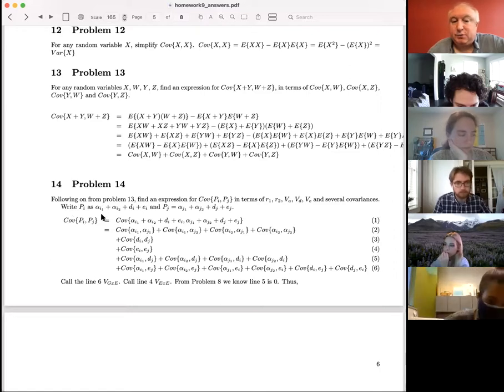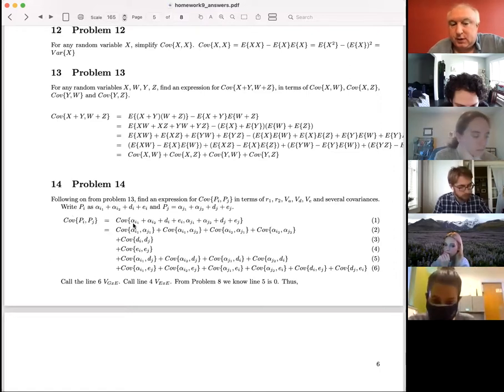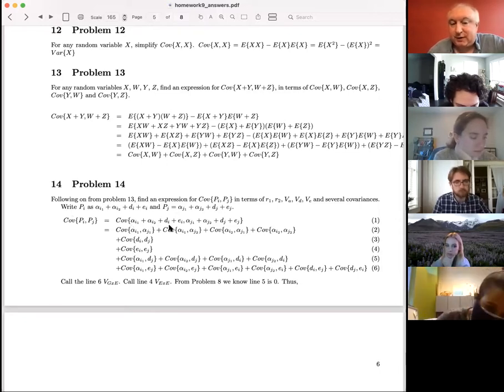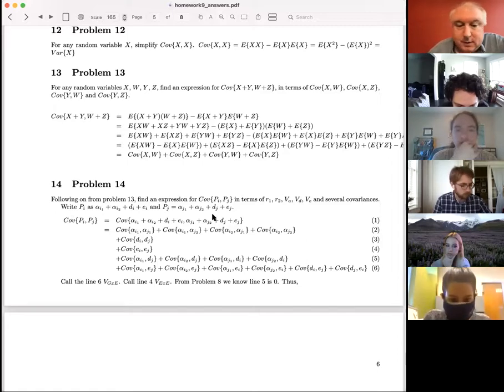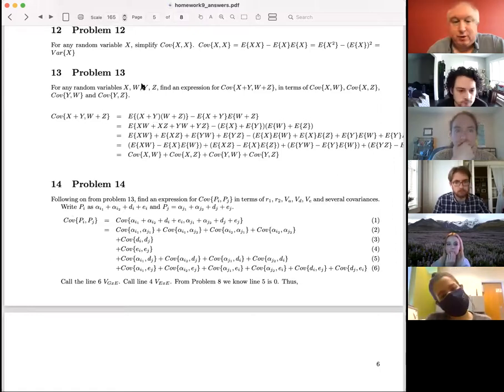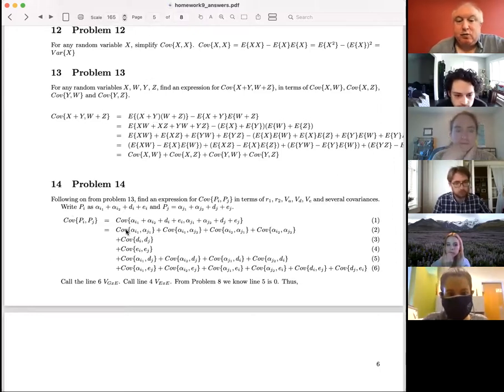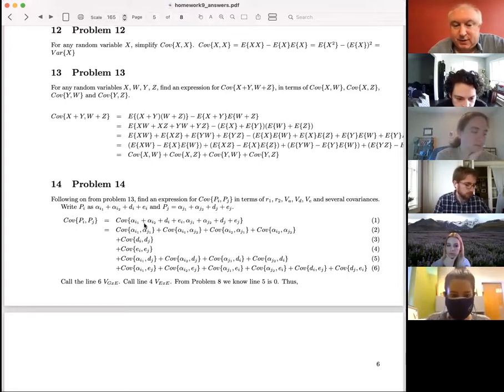So the covariance between these two individuals looks like a sum of an additive effect from one allele, an additive effect from another allele, plus a dominance effect from the locus, plus an environmental effect from person I with person J, which I can therefore, because I just did problem 2 and problem 12 and problem 13, rewrite as the covariance of this with that, the covariance of this with that, the covariance of this with that, the covariance of this with that.